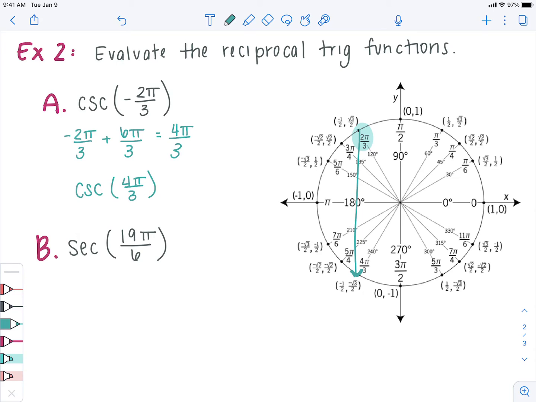We know cosecant is the reciprocal of sine, so that means we're going to take our y value and we're going to flip it. So we're going to get 2. When we flip it, the 2 goes to the top, the negative root 3 goes to the bottom, but we have to rationalize that because we can't have a square root in the denominator.